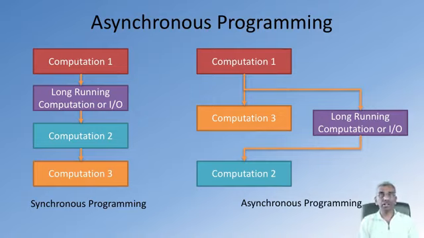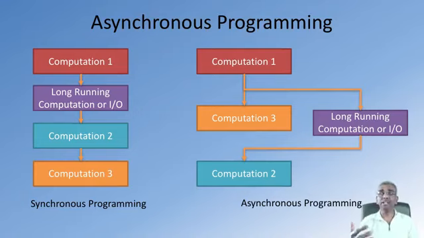Let's assume that computation 2 is dependent upon the long-running computation completing its work. Then it makes sense for computation 2 to wait until the long-running computation is completed before it gets executed.